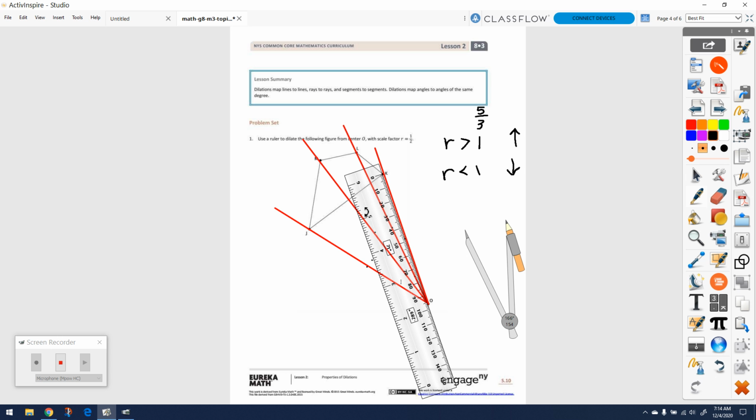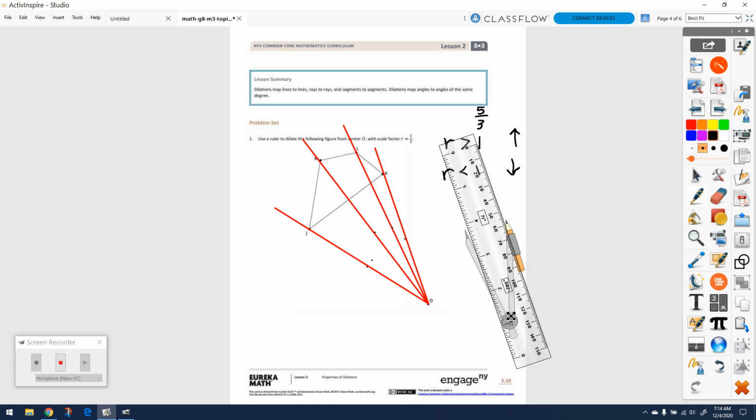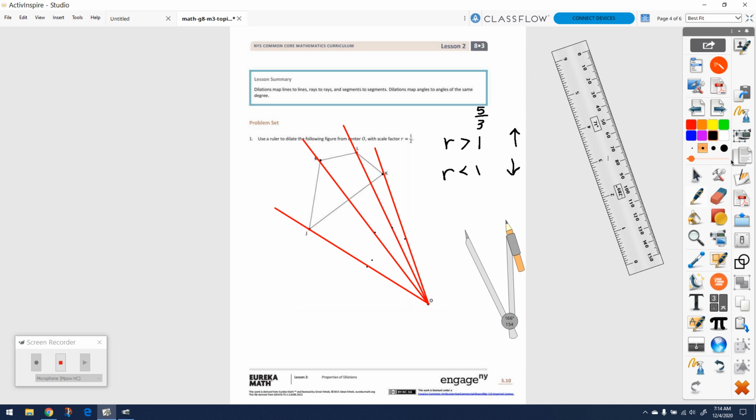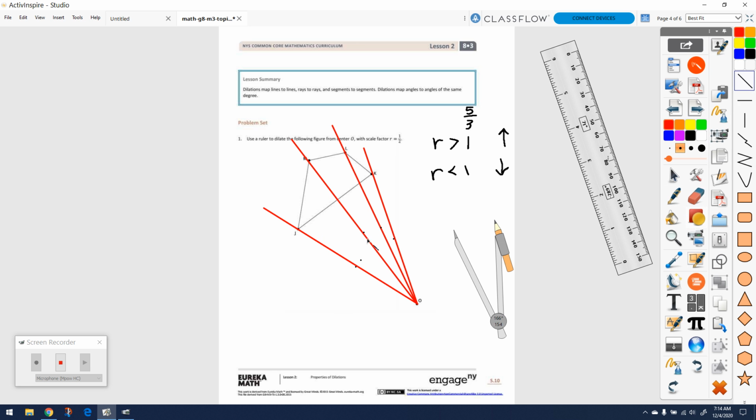All right, once I have that drawn, I'm going to move my ruler out of here. And if you're going to use the ruler, I'm going to go ahead and draw with my line tool. And I'm going to connect my points. And there I have my shape dilated by 1/2.